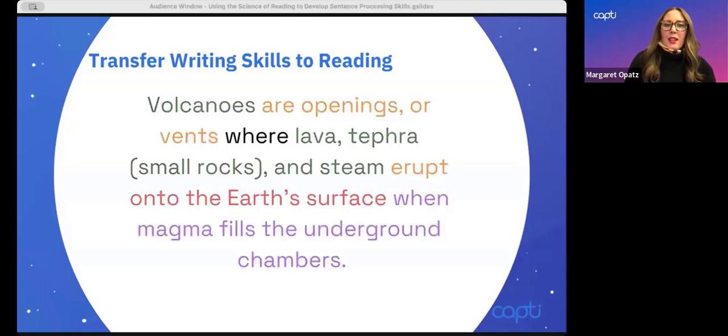But then I took a look at this and I was able to think that we could say, who is the volcano? That's really the important piece of information here that we're discussing. And then I have what, and these are openings or vents. Then I noticed that there's a clause where we're putting these groups of information together.